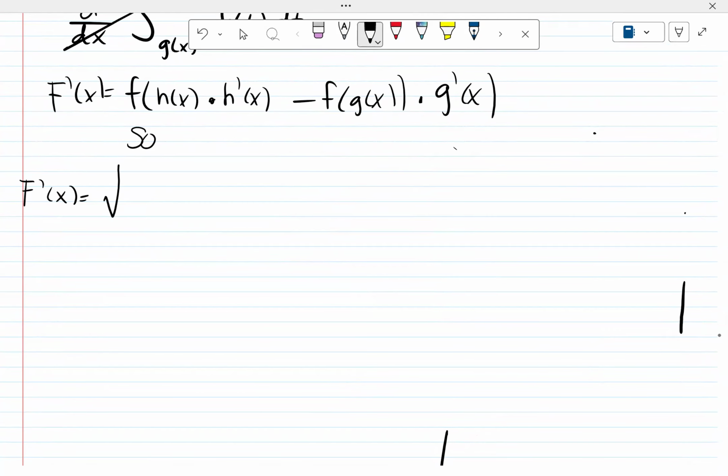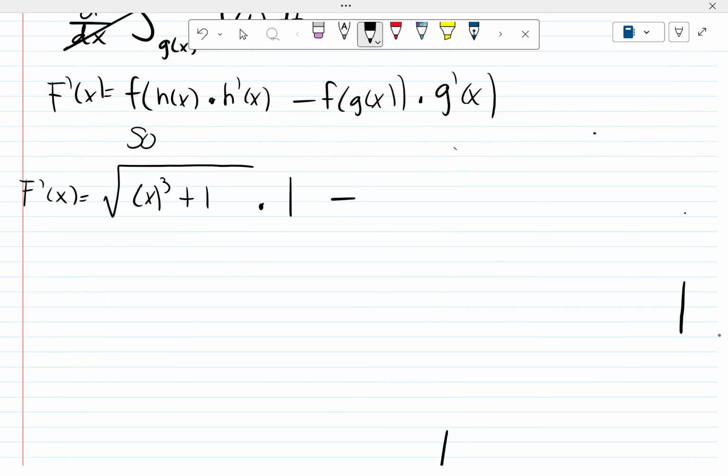equals the square root of. So when you plug in h of x, it's going to be x cubed plus 1, times h prime of x, which is going to be 1, minus f of g of x.